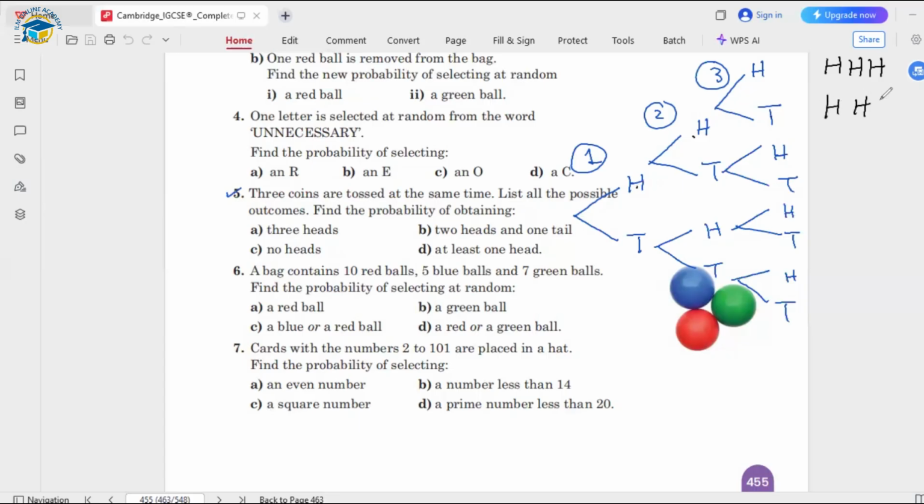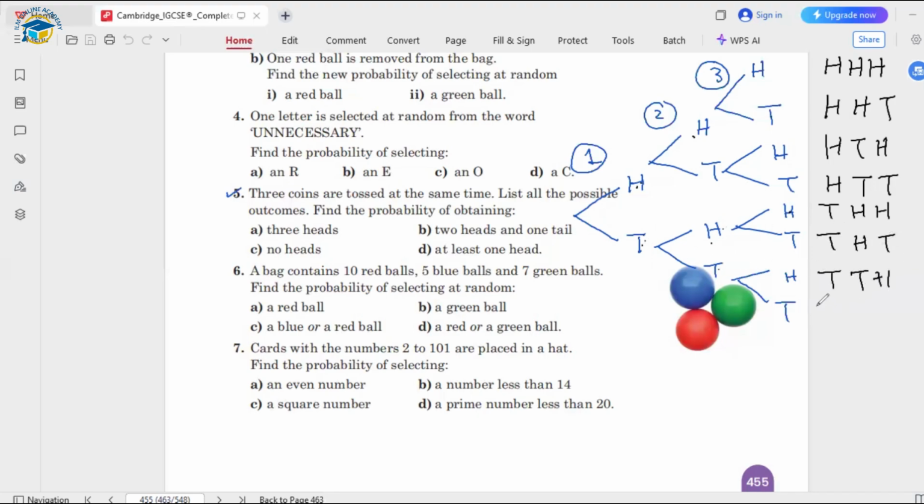Starting from the very start, you need to go within the branch like this, then like this. So head, tail, head. Next is head, tail, tail. Next is tail, head, head. Next is tail, head, tail, like this. Next, tail, tail, head.